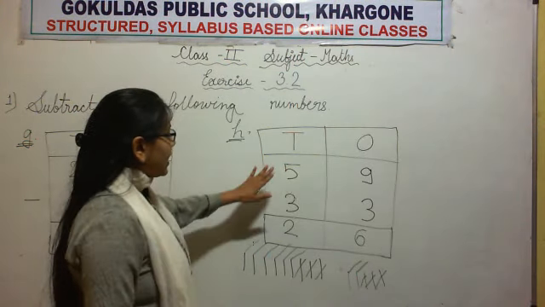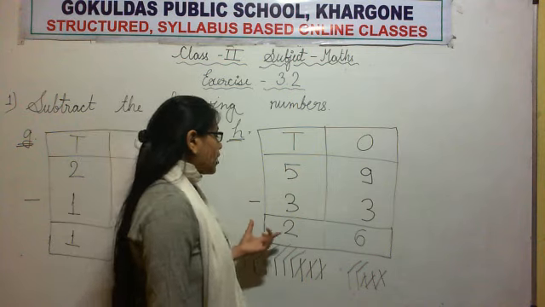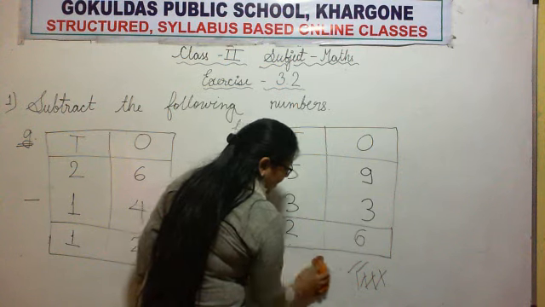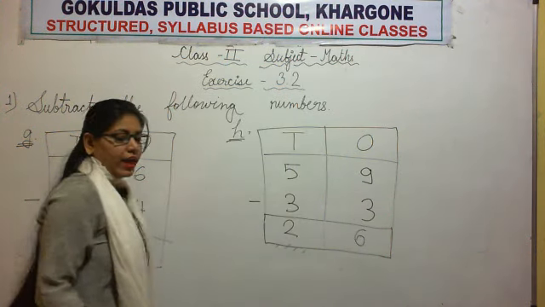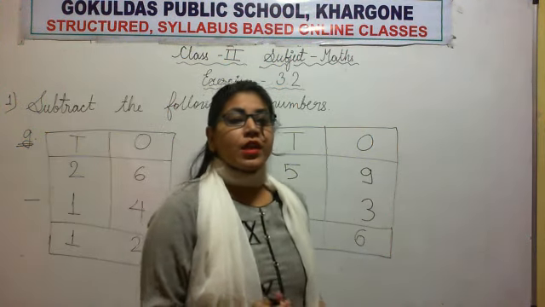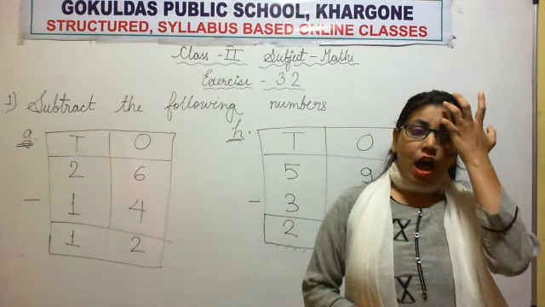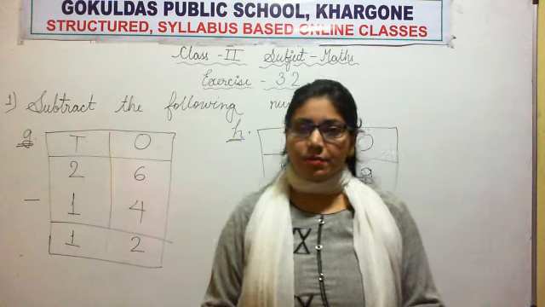So 59 minus 33 is equal to 26. Our difference, or our answer, is 26. This is how we can do 2-digit subtraction.